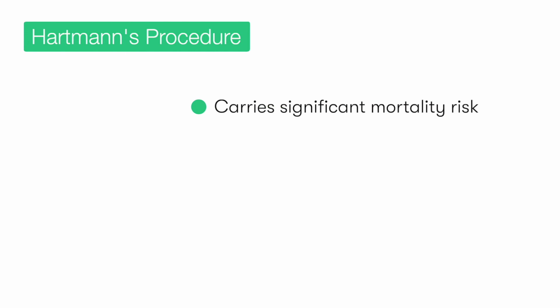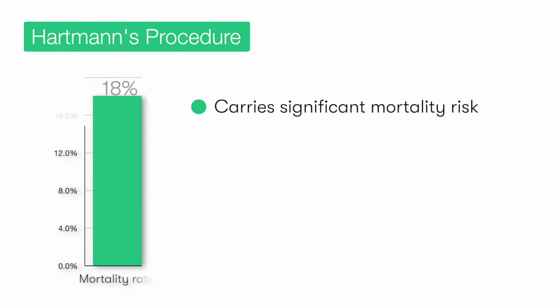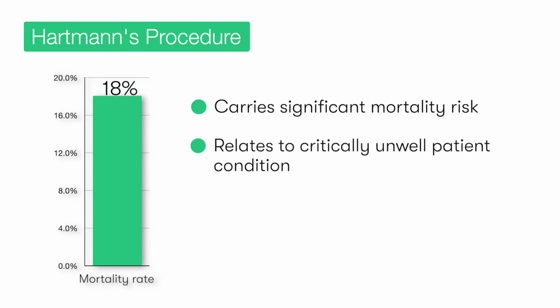The associated mortality rate that goes along with the Hartmann's procedure is approximately 18%. However, this is more a reflection of how sick these patients are who are having the operation in the first place. Although the stoma that we've created is an end stoma, we can actually perform a reversal of the Hartmann's procedure and join up the remaining colon to the rectal stump.